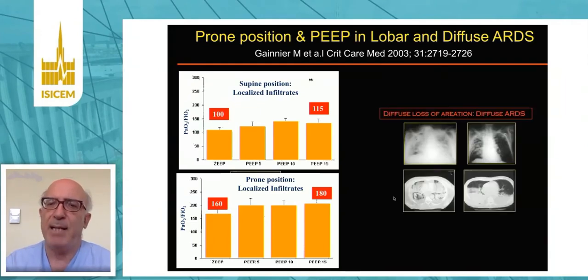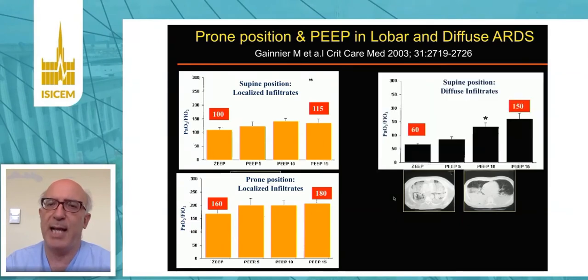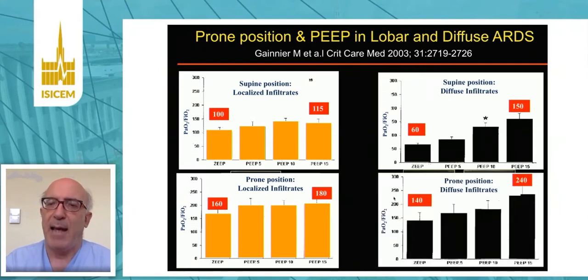In presence of patchy or diffuse loss of aeration, as so-called diffuse ARDS, we can observe a major increase in oxygenation by increasing the level of PEEP and also by prone position by itself.